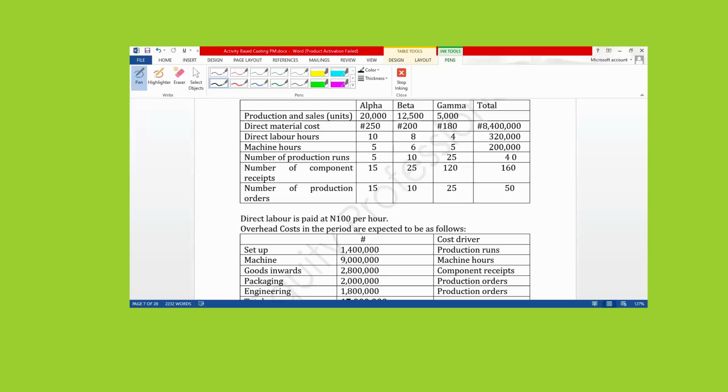Component receipt is independent of the number of units produced, so you are not going to multiply 15 by 20,000. Production runs and production orders are likewise independent of the number of units manufactured.